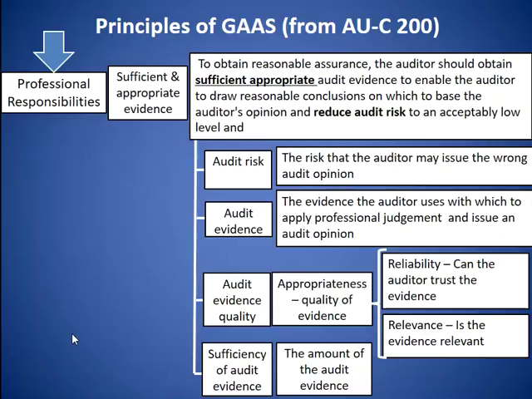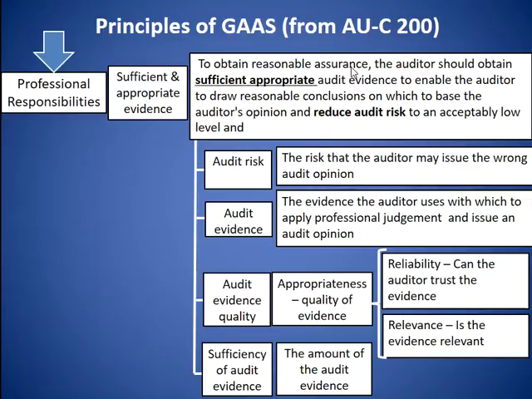Okay, sufficient and appropriate evidence. As I mentioned in the first slide that we had gone over, the auditor needs to apply their examination of the books, records, processes, and so forth to obtain sufficient and appropriate evidence. And here's what I say here.